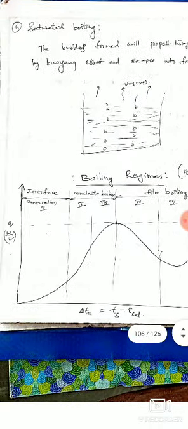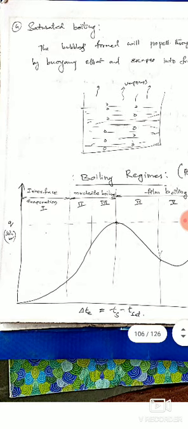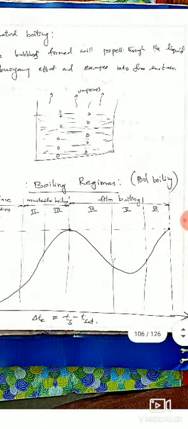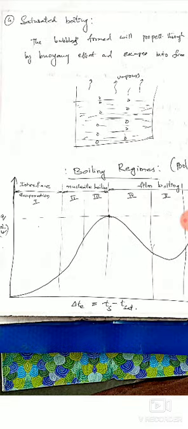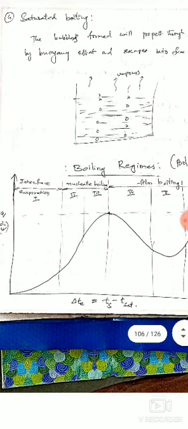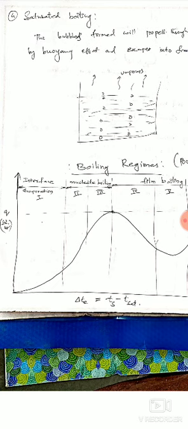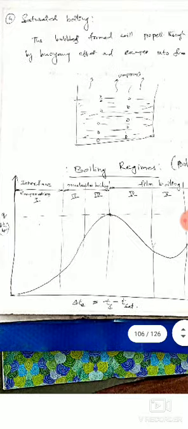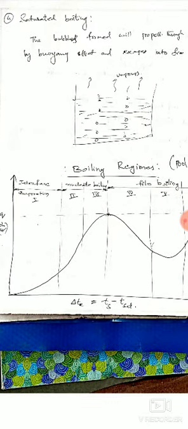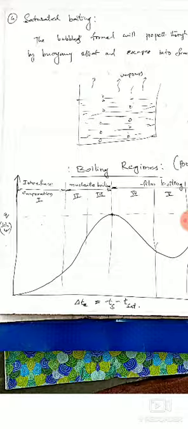Here you see, the transition from nucleate boiling to film boiling takes place from third stage to fourth stage. That peak point is called critical heat flux. It is important to remember the boiling regimes. The point at which the maximum heat transfer is taking place, or the point at which the curve changes its direction from nucleate boiling to film boiling, is known as critical heat flux.